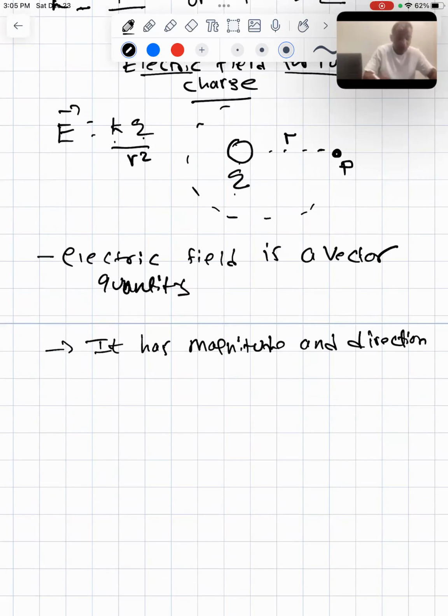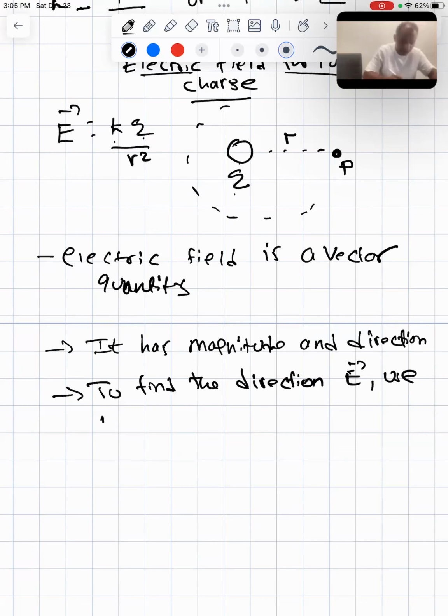How can I find the direction? To find the direction of my electric field, use a positive test charge.